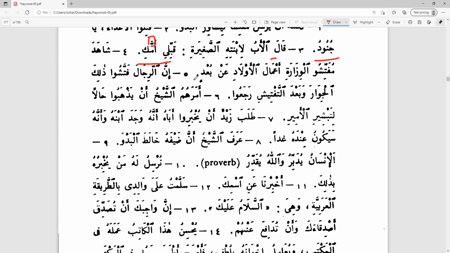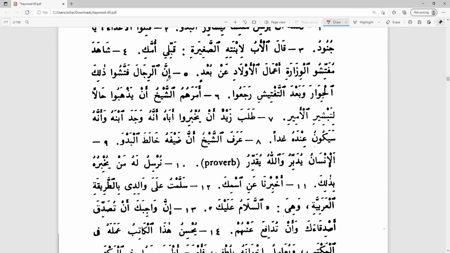Okay, let's do number 5. This is like the men investigated this. Can you read the question? Yes, sir. إن الرجال فتشوا ذلك الجوار وبعد التفتيش رجعوا.